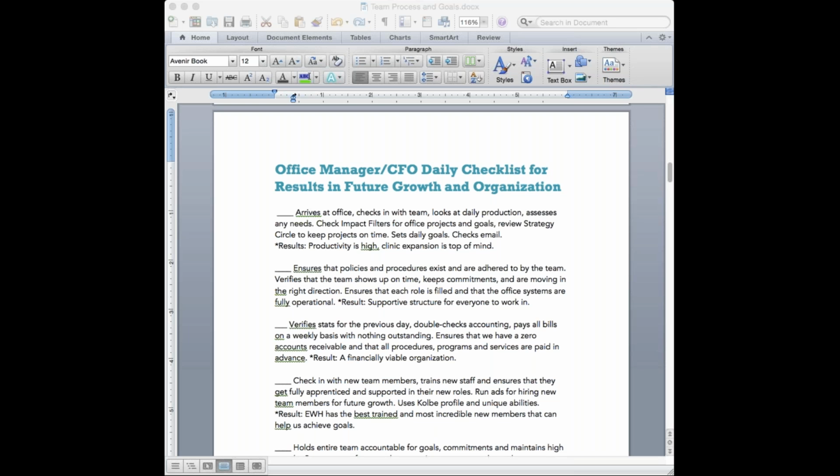These things can really help propel you to the next level. So don't just discount this if you don't have a case manager or an office manager, if you're the one person doing all these things. That's totally fine. These are things that you should be doing if that's the case.